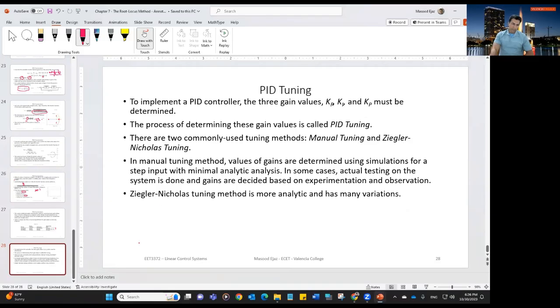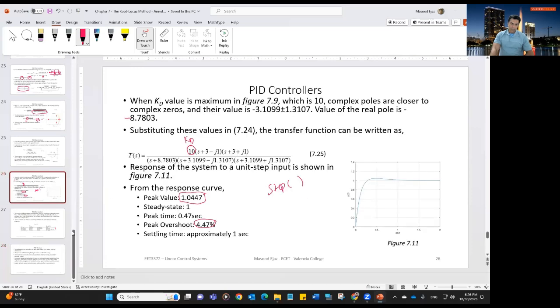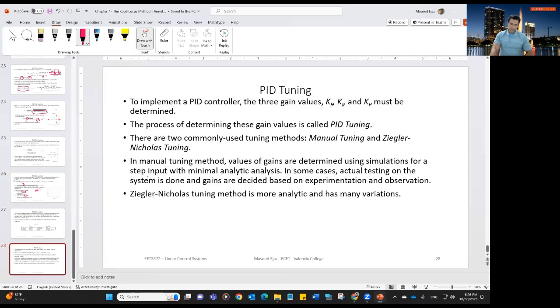Manual tuning is basically you plot the response, like I'm plotting it here, and then from the response, the values of the gains are determined using simulations for a step input with minimal analytic analysis. So you plot the response, and from that response you calculate the value of KD, and from those, you can calculate the values of KI and KP as we discussed. In some cases, actual testing on the system is done, and gains are decided based on experimentation and observation.